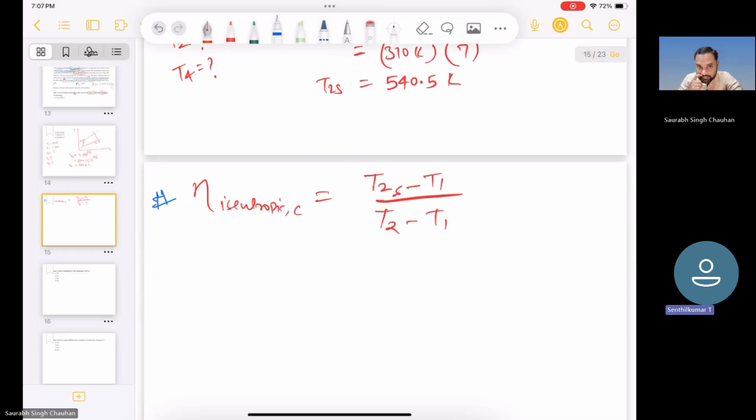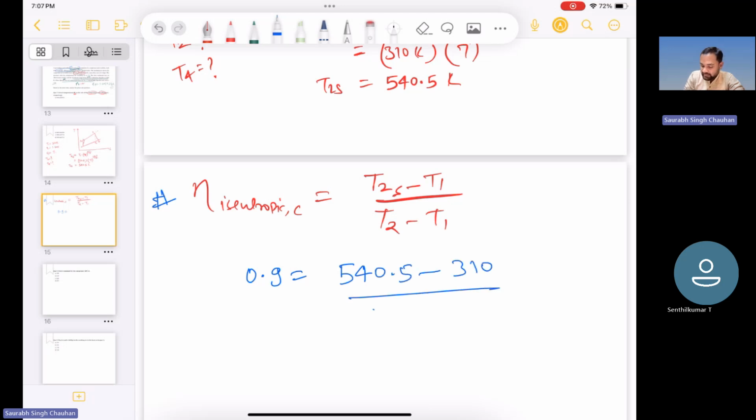No, sir. Okay. And the isentropic efficiency of compressor is given, it is 0.9, and T2S you have already got, so you can write 540.5 minus T1, which was 310, divided by T2 minus 310.